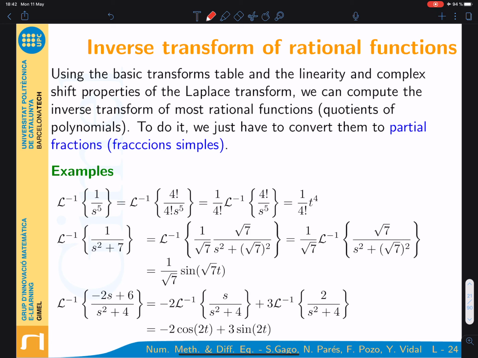Now we will see here how to do it for a specific type of function that appears a lot when you want to compute inverse Laplace transforms, which are rational functions. Okay, so for example, what if I want to compute the inverse Laplace transform of this function, 1 over s to the power 5? Well, of course, I will have my table of Laplace transforms.